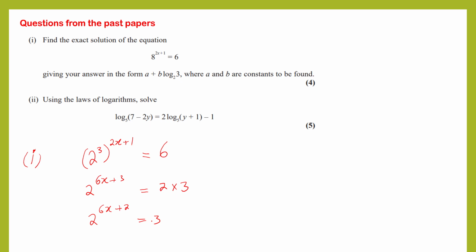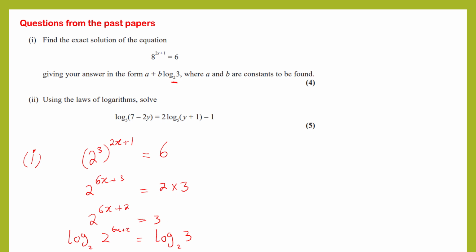Now you can take log for the two bases in here. If I have bases that are different, you will take log to the two sides. I will take log with base 2. Why especially base 2? Because it's mentioned in the question. So it will be log 2 to the power of 6x plus 2 equals log 3 to the base 2.